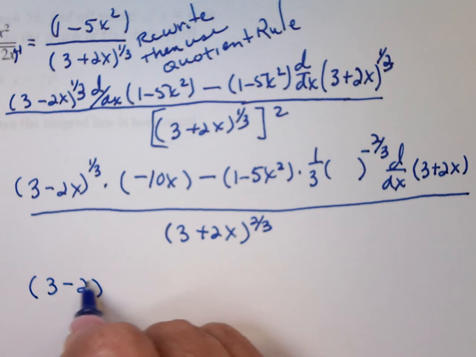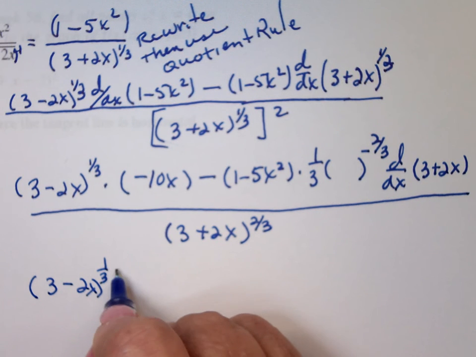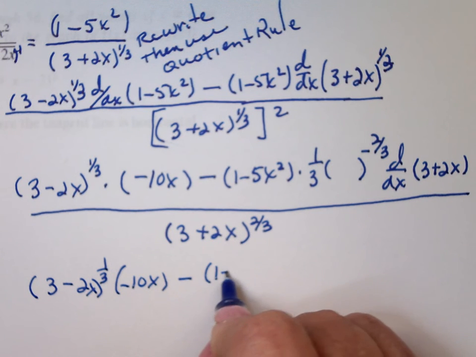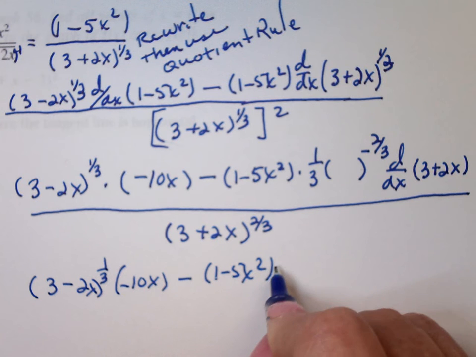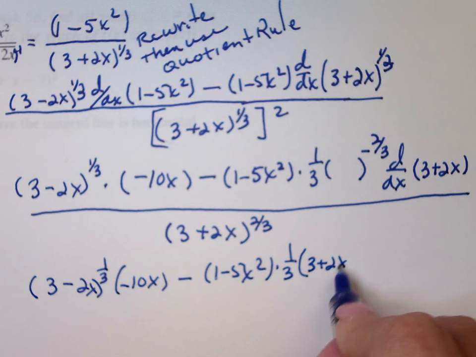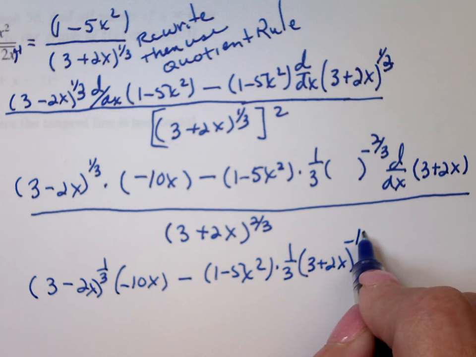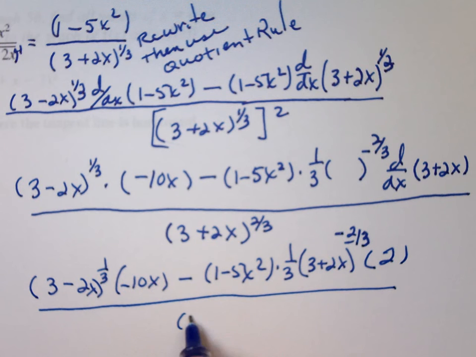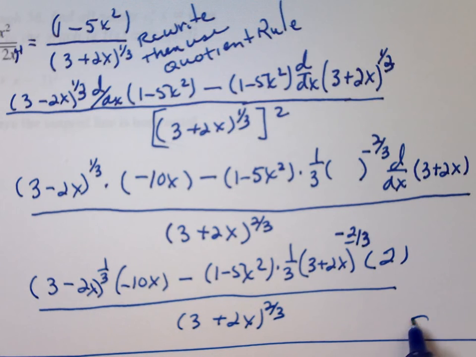So 3 plus 2x to the 1/3 times negative 10x minus 1 minus 5x squared times 1/3 times 3 plus 2x to the negative 2/3, and the derivative of 3 plus 2x is 2, all over 3 plus 2x to the 2/3, and this is where you stop.